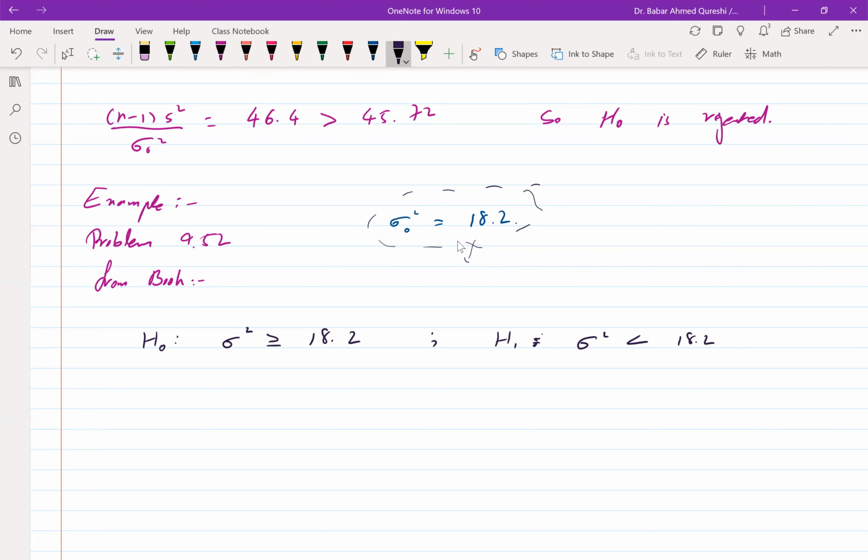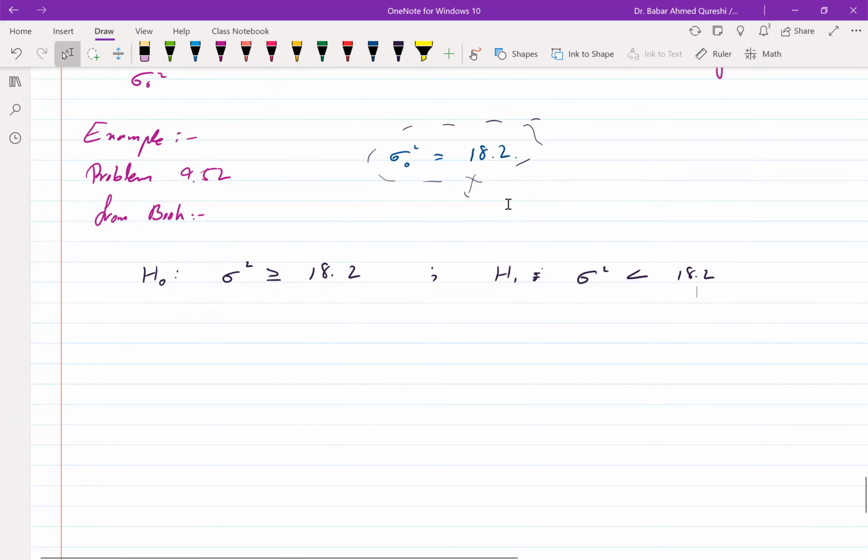So she teaches this course and gives a test to 25 students, and for these students the exam results showed a variance of 15.3.